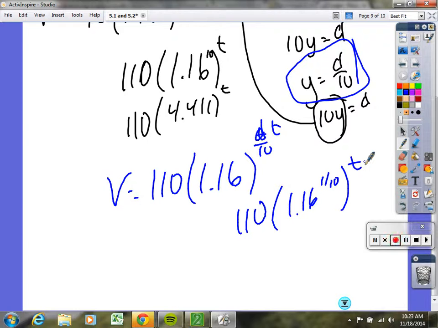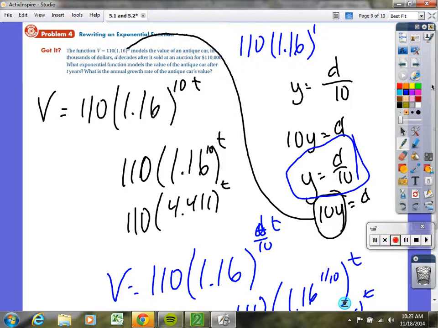Can somebody help me with 1.16 raised to the 10th so we can get a new equation? Do I got a second on that? Yeah. Okay. Now let's try that. Put 10 in for this value. And somebody put 1 in for this value, because 10 years is 1 decade. You should get the same.